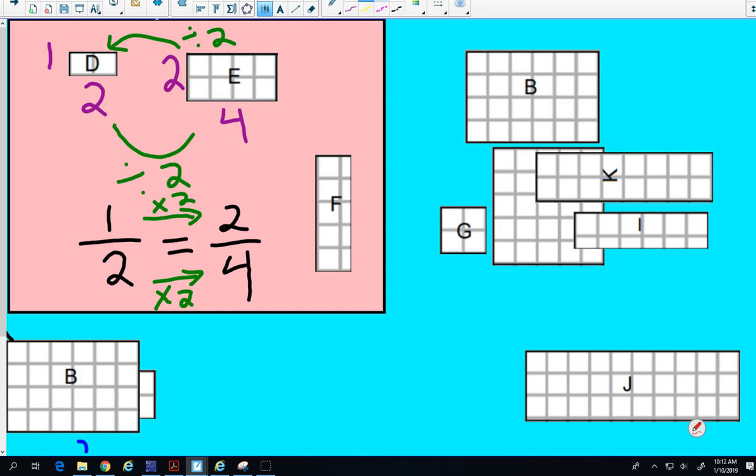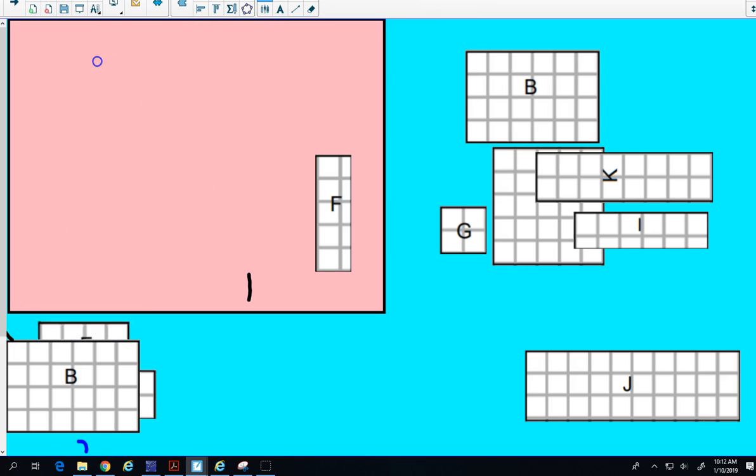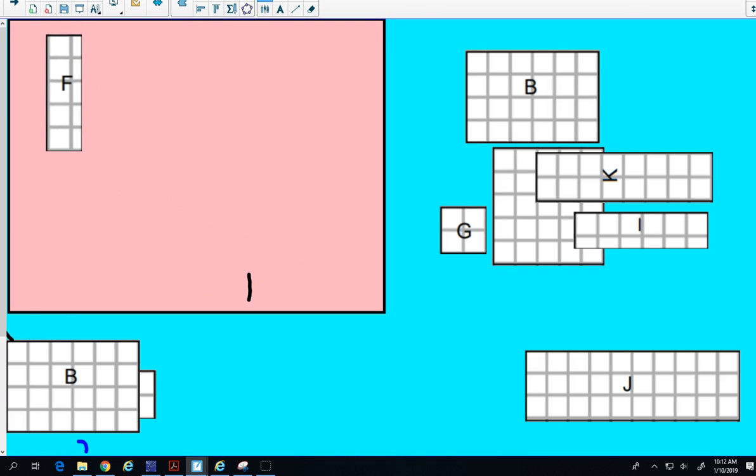I'm going to go ahead and erase this so that we have the room on the smartboard. We've already matched up D and E. We found them to be similar. And now we're moving on to F. So who has the match for F?